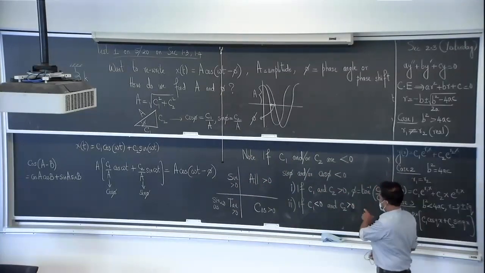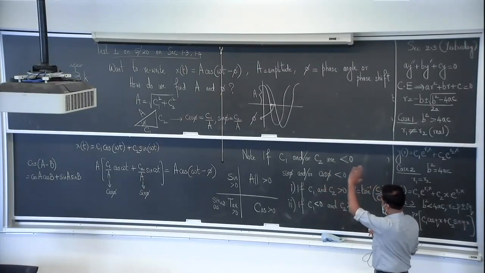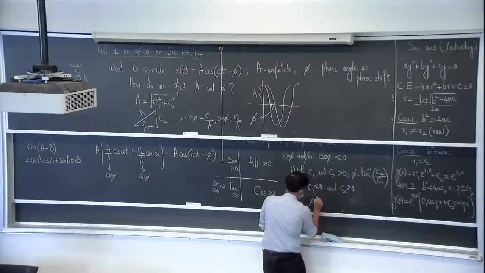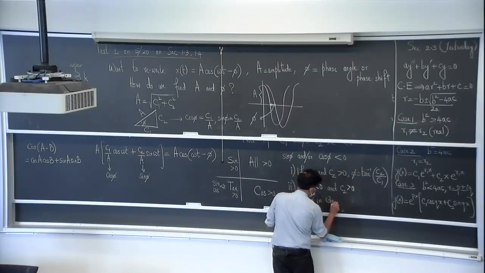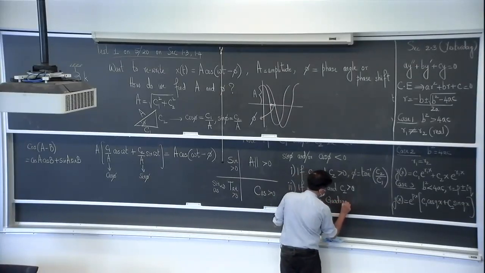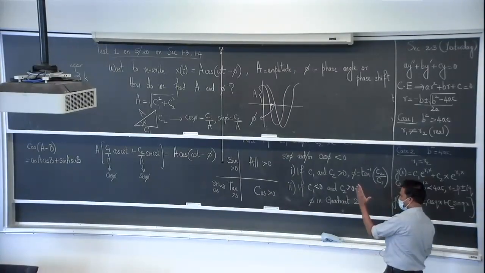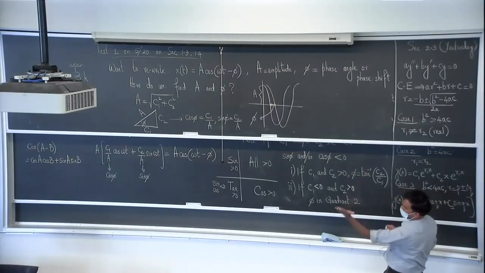So C2 is positive and C1 is negative. That way sine is positive. So going from quadrant 1 to quadrant 2, we are in the second quadrant. So phi cannot be less than 90 degrees anymore. We have to bring it to the second quadrant.